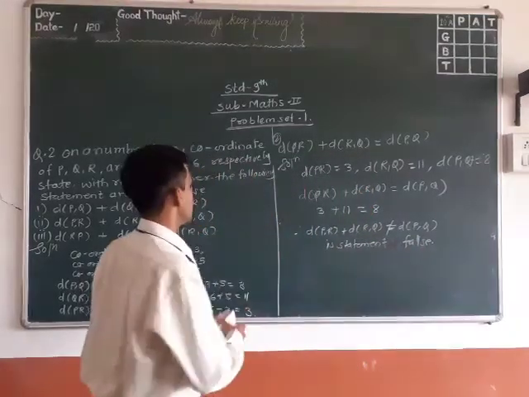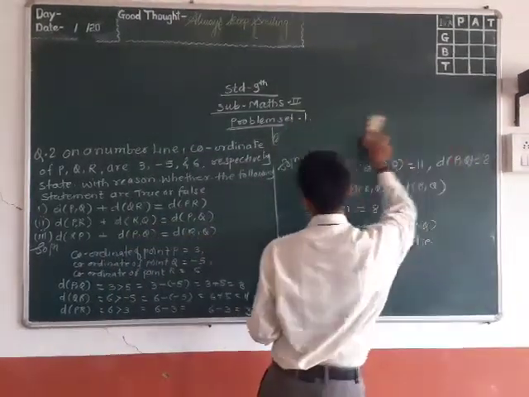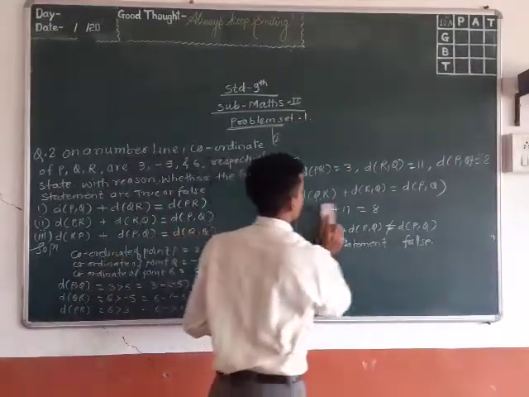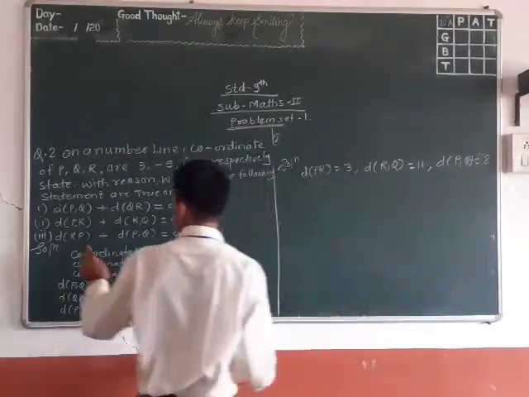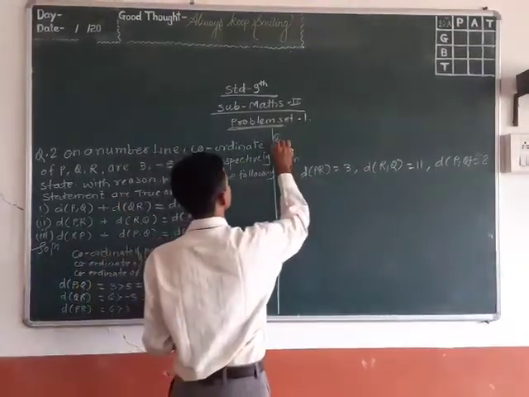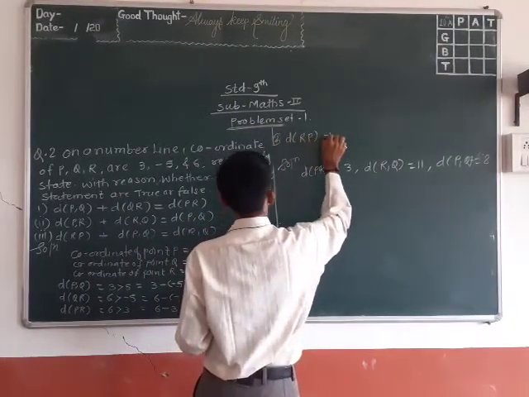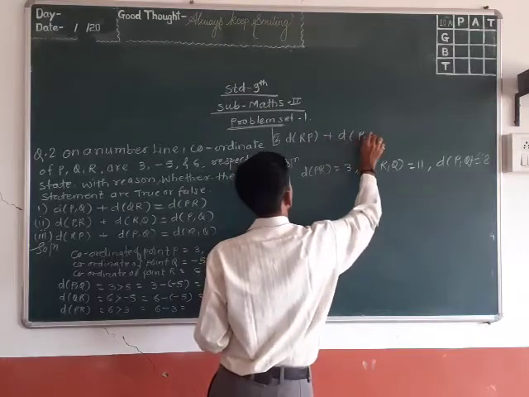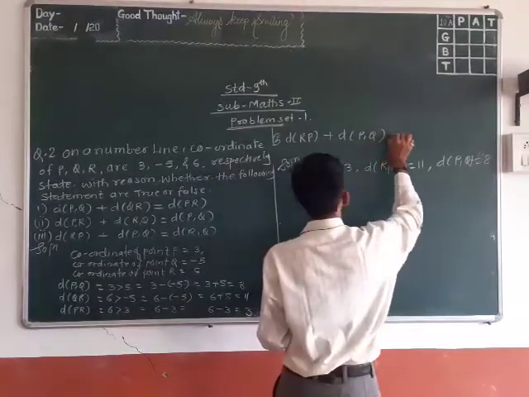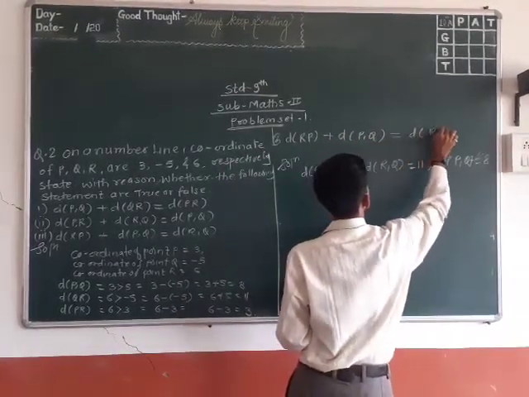Third example: distance RP plus distance PQ is equal to distance RQ.